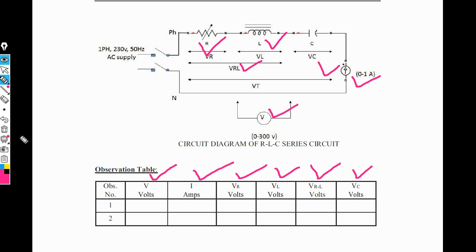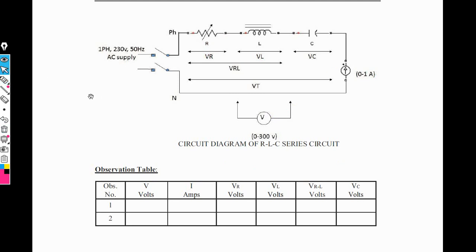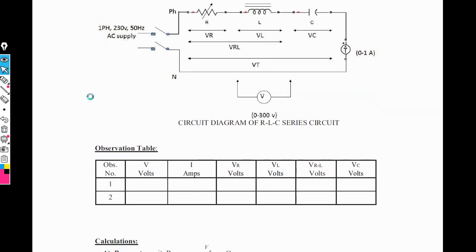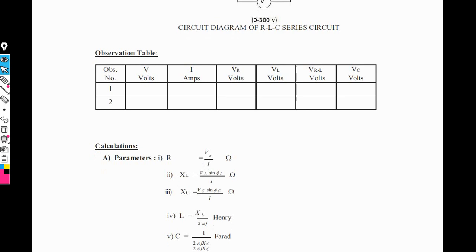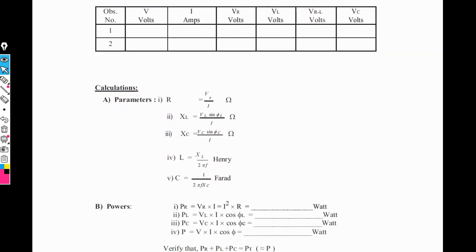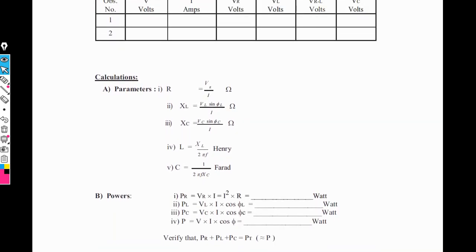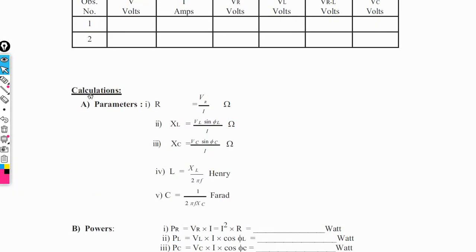Okay, now this is the important concept. Then we need calculation. These are the important formulas needed in this practical, the RLC circuit. Resistance R is equal to the voltage across resistance divided by the current flowing through it.